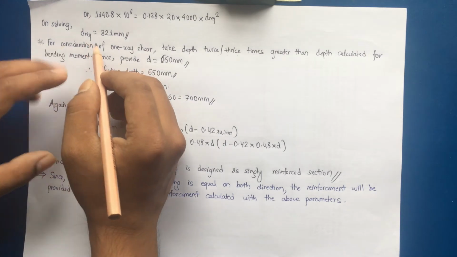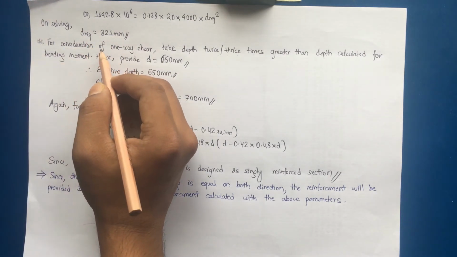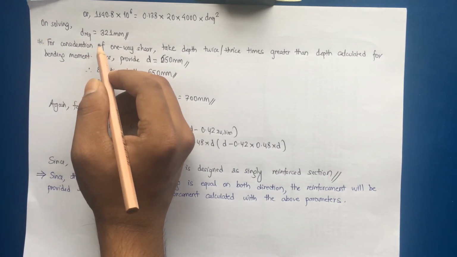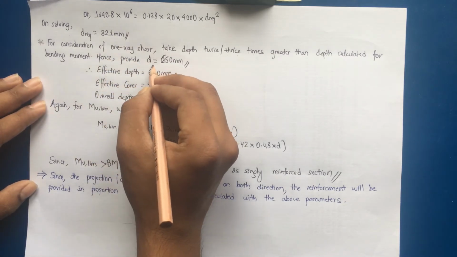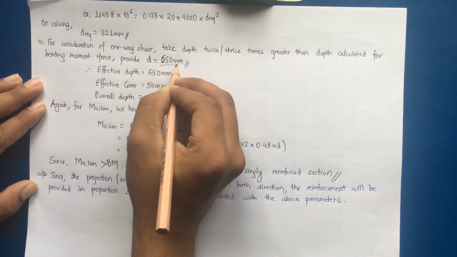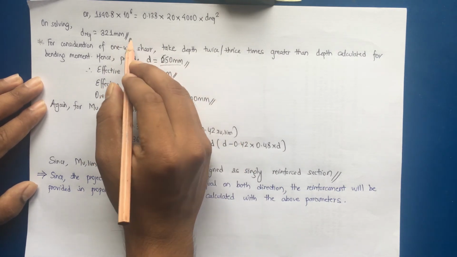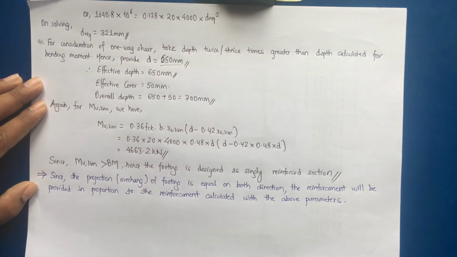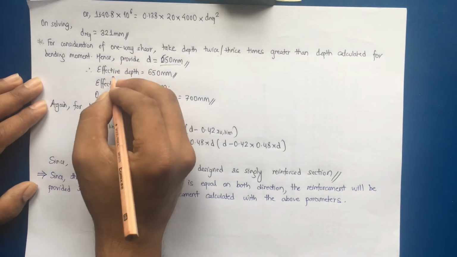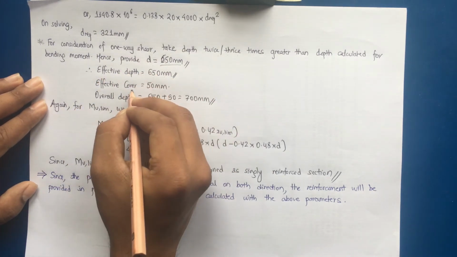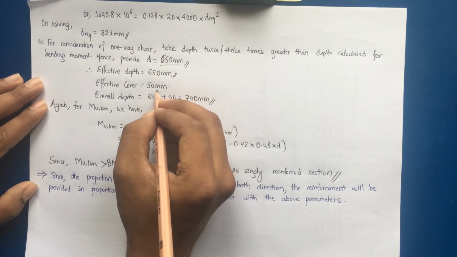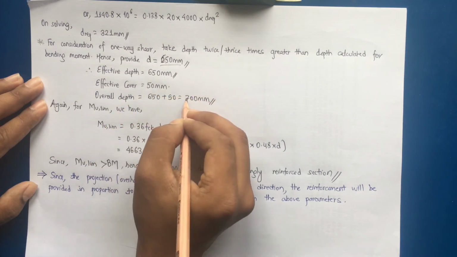Hence we will take a value greater than the depth required from the bending moment. So we will provide D as 650 mm, which is almost twice the value calculated. So the effective depth will be 650 mm. Considering effective cover as 50 mm, the overall depth of the footing will be 700 mm.